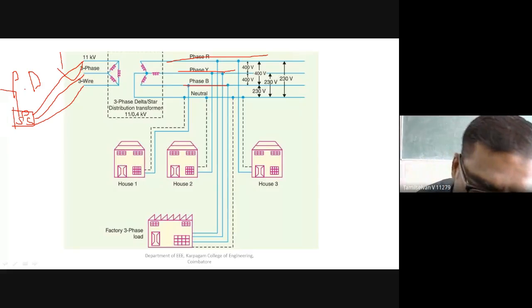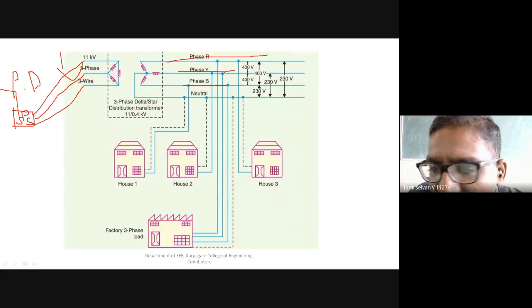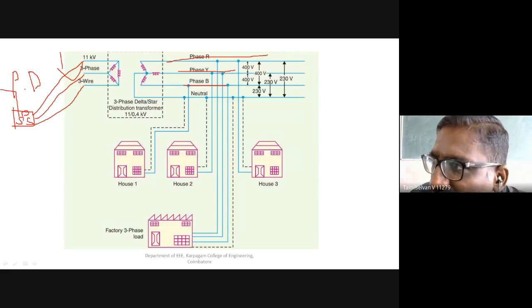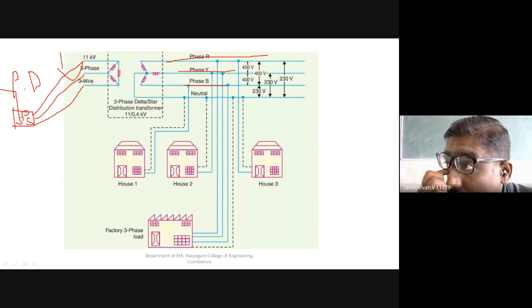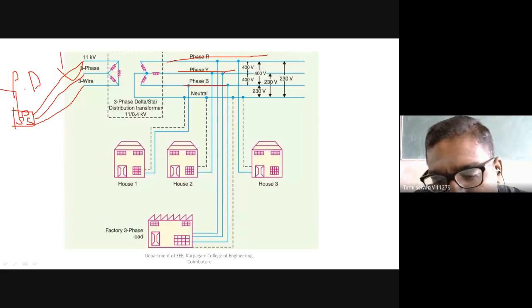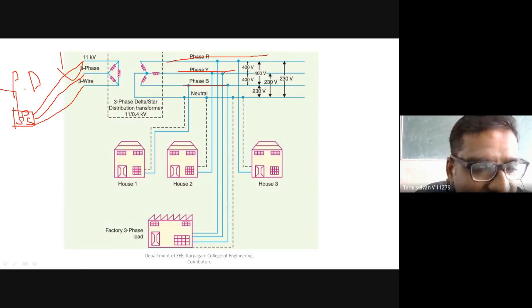In the secondary distribution system we also have factory load and industry load. That may be commercial load, where we have a small commercial complex, or a small welding shop, or a lathe factory, or machinery.